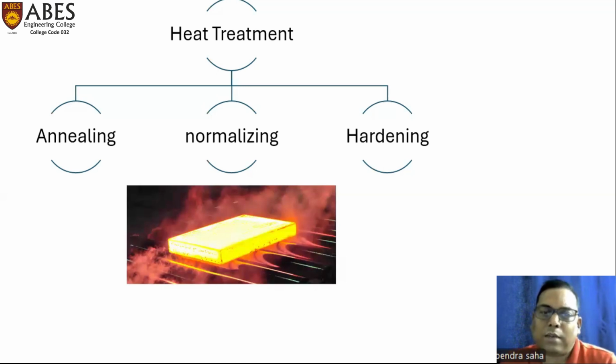These two types of steel are available in the market, and they are heated to a temperature and then cooled down. If the carbon percentage is below 0.83 percent, it is called hypoeutectoid steel. And if it is above 0.83 percent up to 2 percent, it is called hypereutectoid steel.